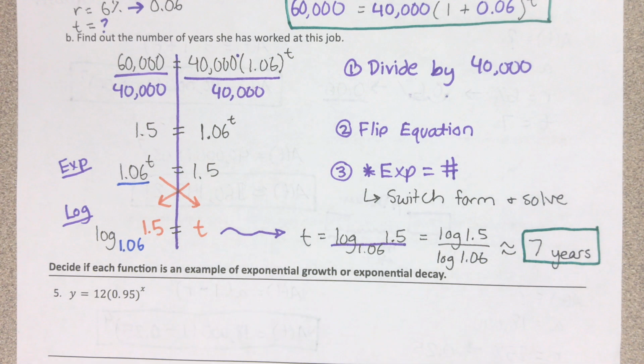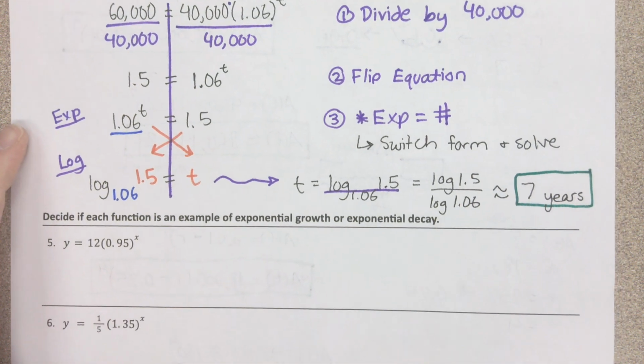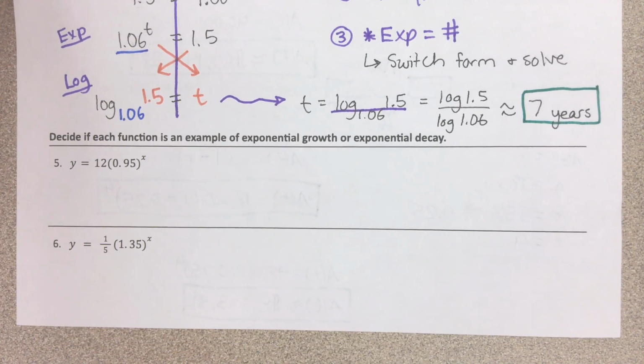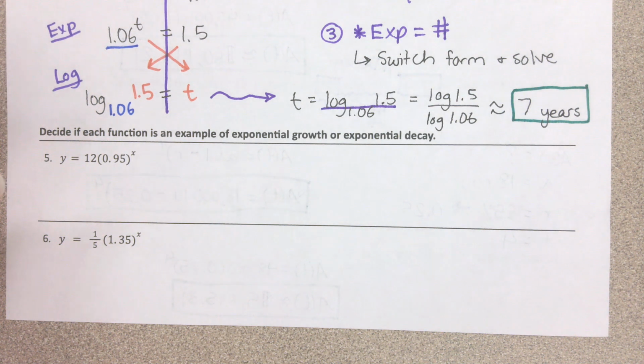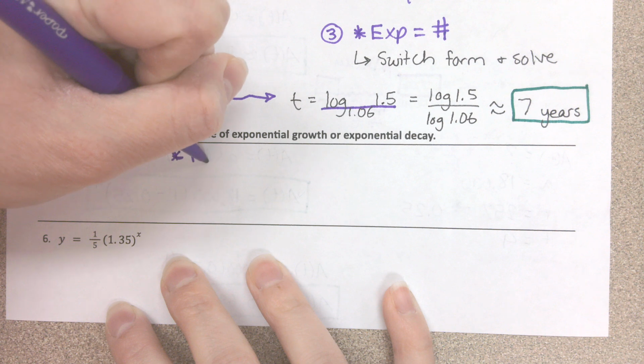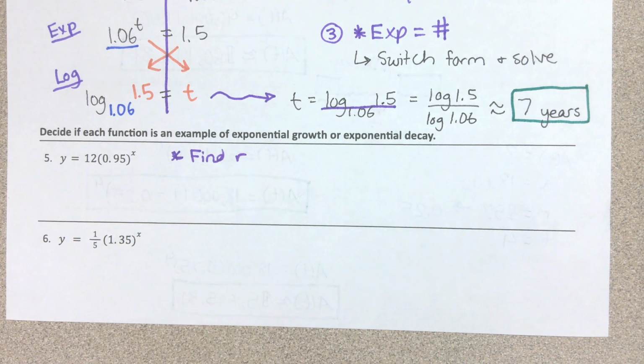Number 5, or I'll show you the directions first. Decide if each function is an example of exponential growth or exponential decay. If you know what you're looking for, you can eyeball this, but I'll show you the process to get said answer. So what we need to do here is find r. You find r, you can answer the question.